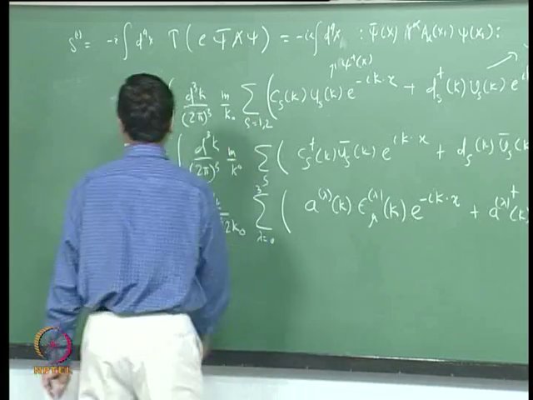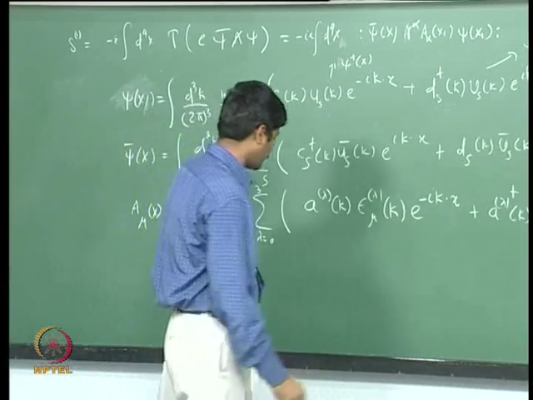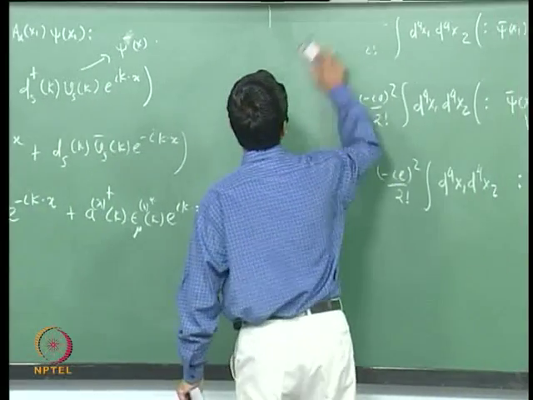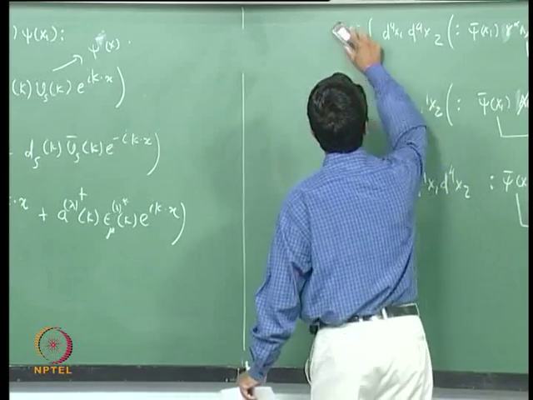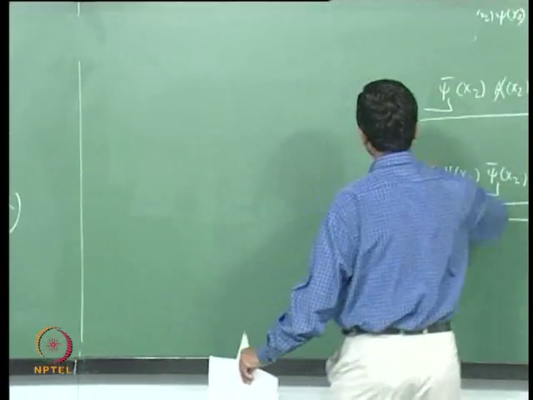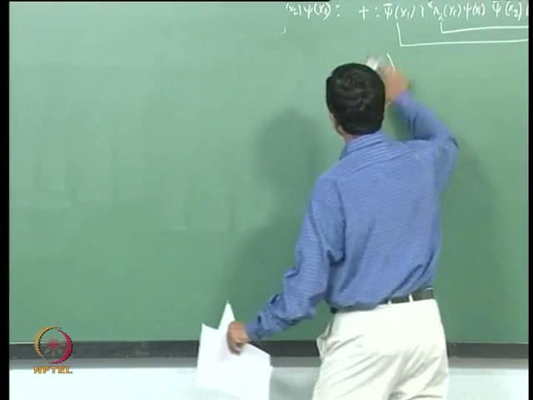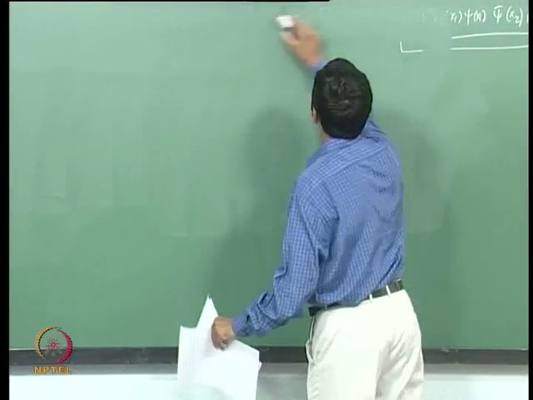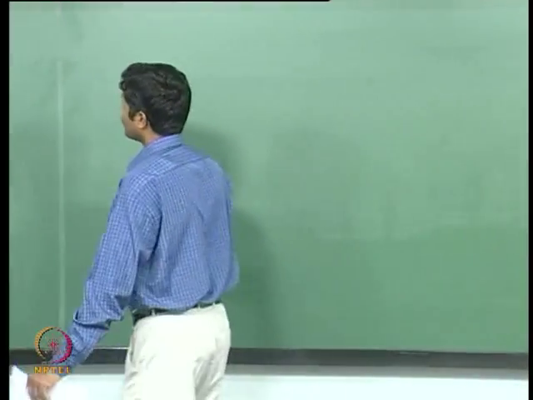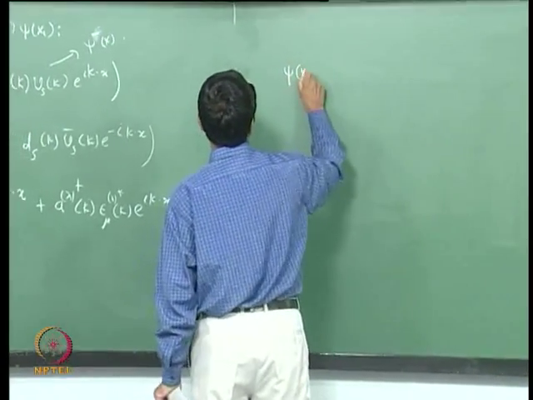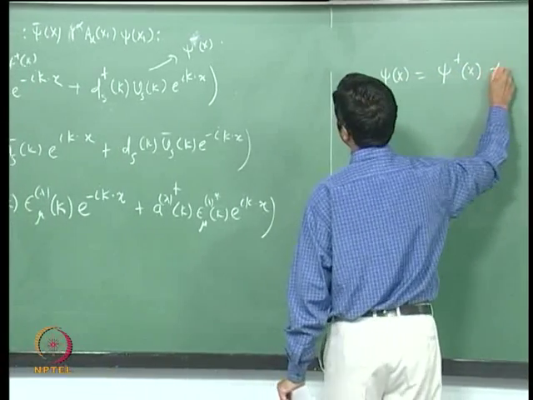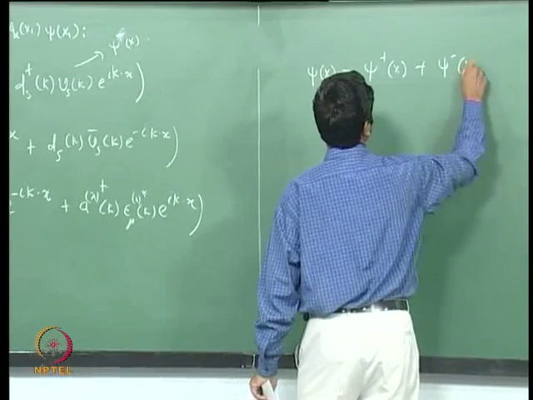So, psi of x is psi plus of x plus psi minus of x.